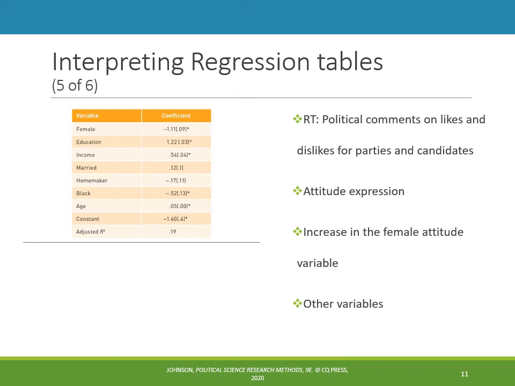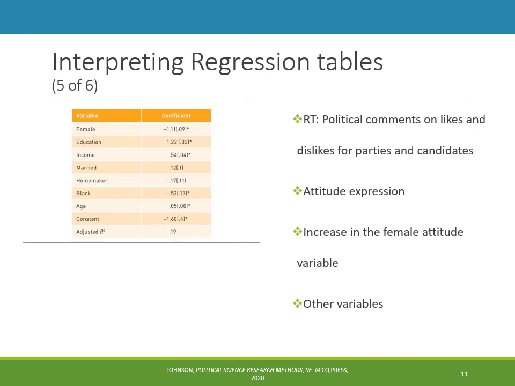So as a person becomes more educated, we expect to see, by each year of education, 1.22 more comments. Same thing with income. A 1 unit increase in income, holding all of the other things constant, results in a 0.54 increase in political comments. Same thing with marital status. Married people have 0.54 more political comments than those who are unmarried.